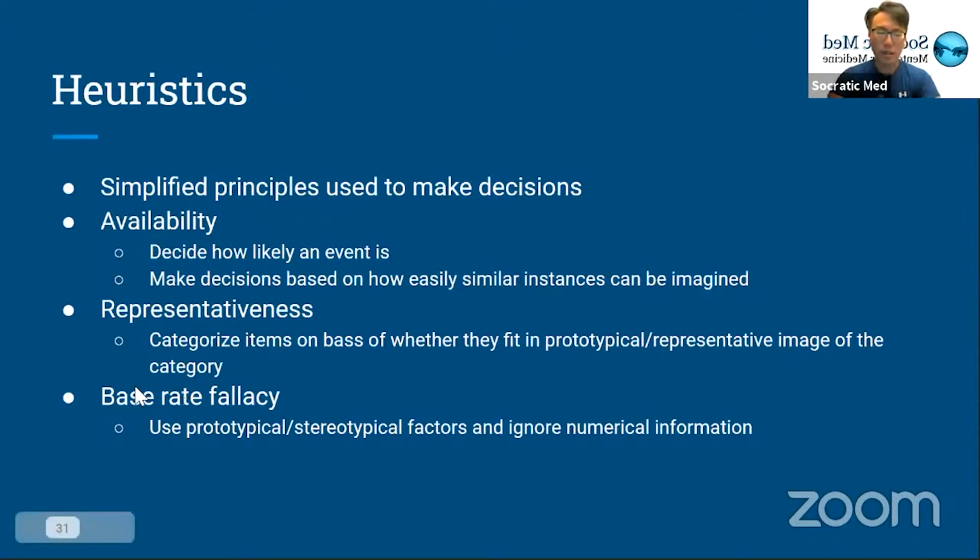The classic example of when heuristics are not 100% reliable is the base rate fallacy. That's when prototypical and stereotypical factors are used instead of actual numeric information. You ignore the information presented in front of you and use the stereotypical or prototypical image that you have of a specific topic.